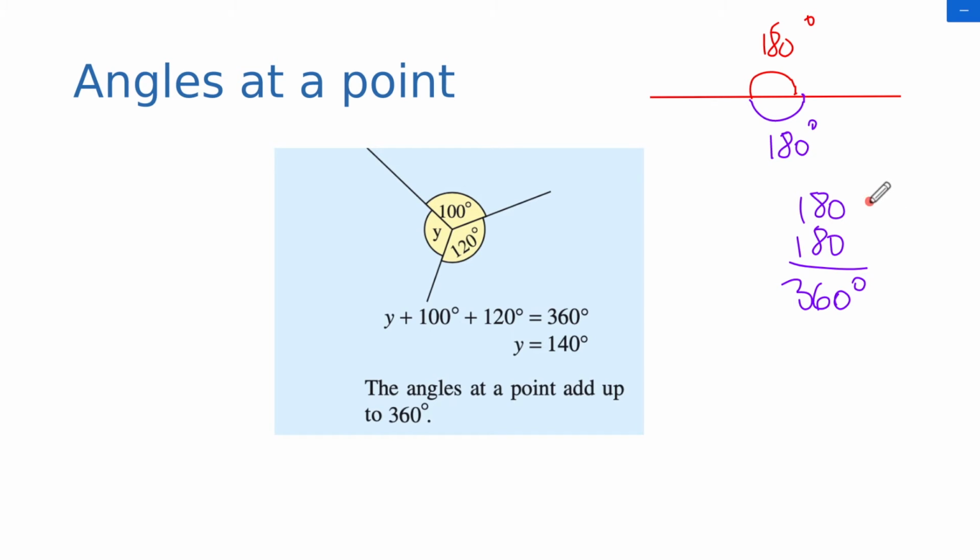Okay, so 2 steps we have to do here in order to find the missing angle. First of all, we have to find out how much we have so far, and the way we do that is by adding all the numbers we have. Step 1, add everything. 110 plus 100 degrees plus 120 degrees, 220 degrees.